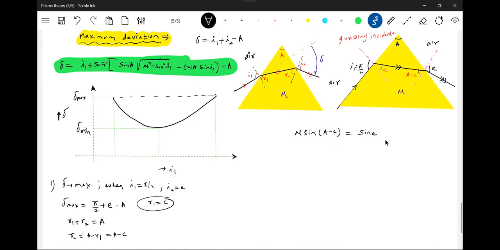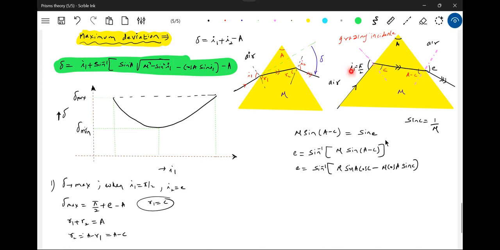Can we replace E now? What is sine C? Sine C should be equal to 1 by mu, because the medium on either side of the prism is a rarer medium, air.